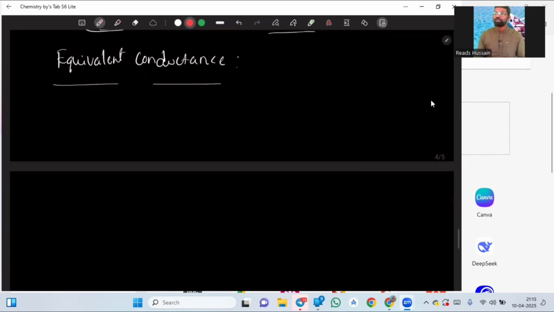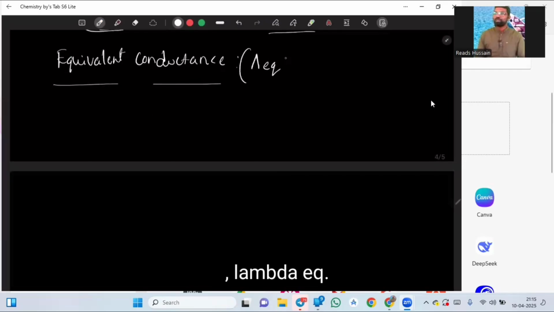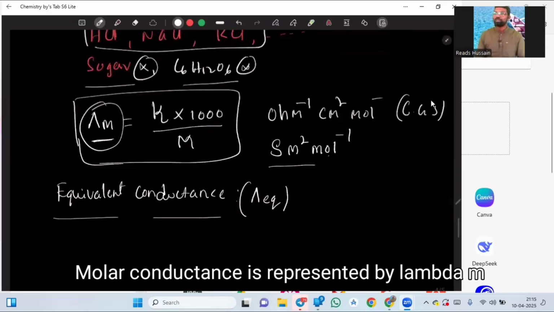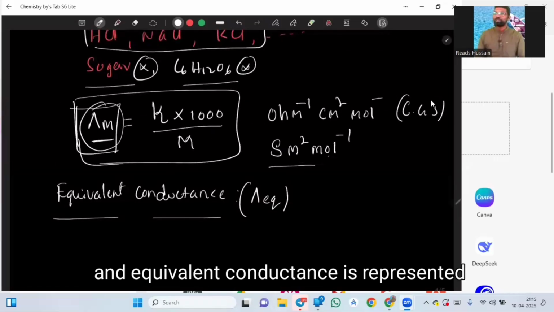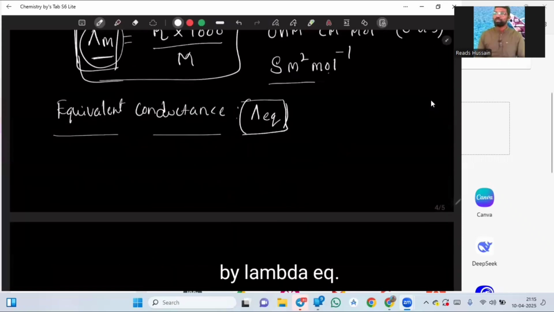That is called equivalent conductance, and it is represented by lambda eq. Molar conductance is represented by lambda m, and equivalent conductance is represented by lambda eq.